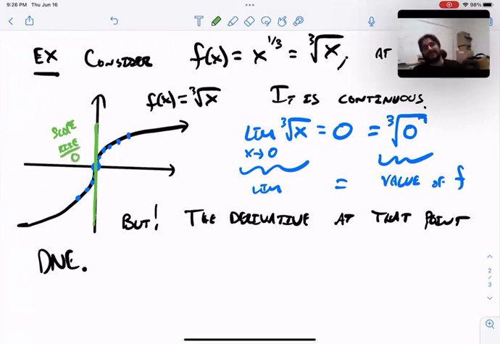There's no run to that line. It's a vertical line. You could say vertical lines have undefined slope, or you could say the slope is infinity, but you could equally say the slope is minus infinity, because it also goes down forever with no change in run. So it's hard to say whether it would be infinity over 0 or minus infinity over 0. That's why we have to just say DNE: the derivative at that point does not exist. The slope of the tangent line is undefined.